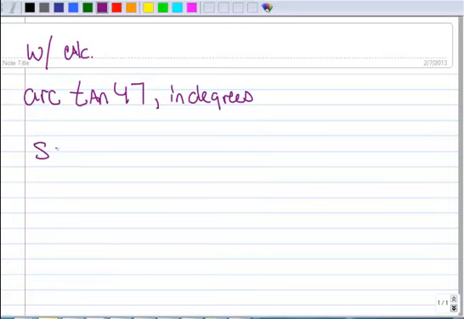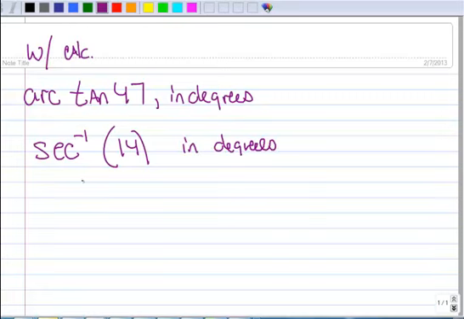All right, let's do another one. Let's find the inverse secant of 14, and we want this in degrees also. So we first have to convert that to an inverse cosine, and we know we want to take the reciprocal of the 14.